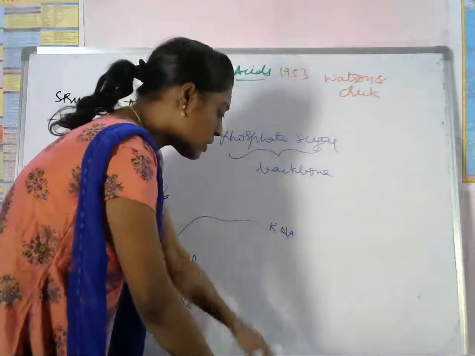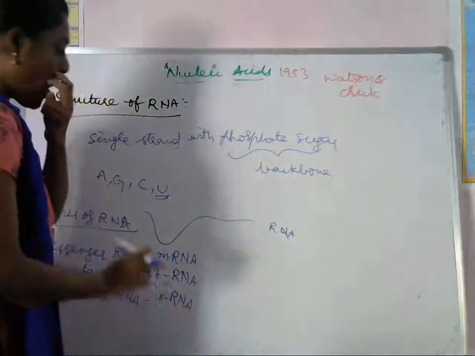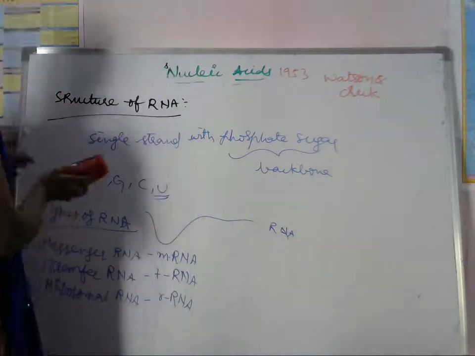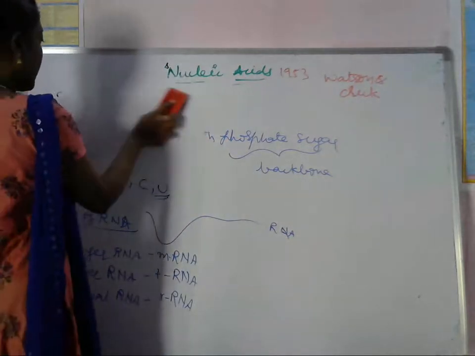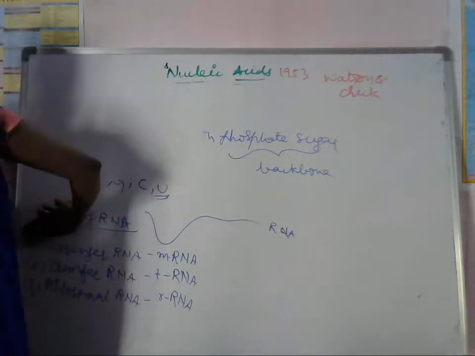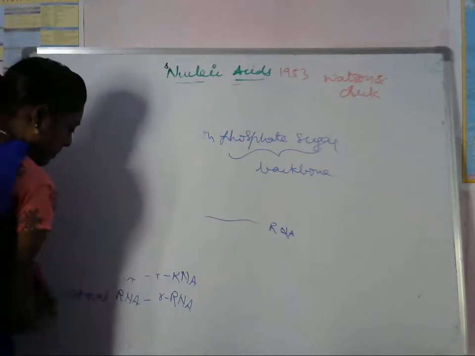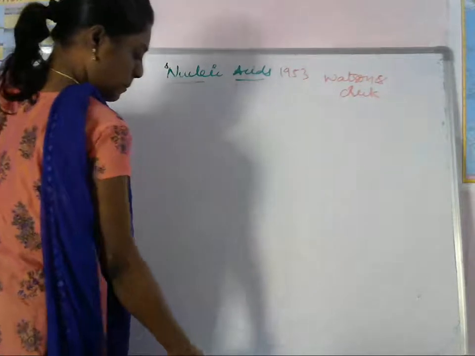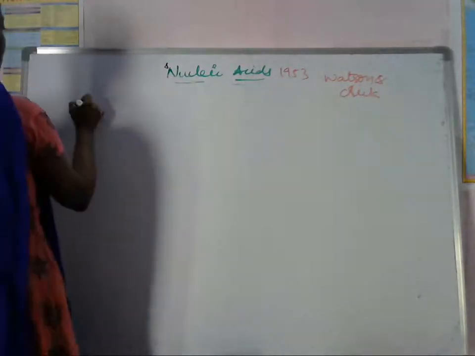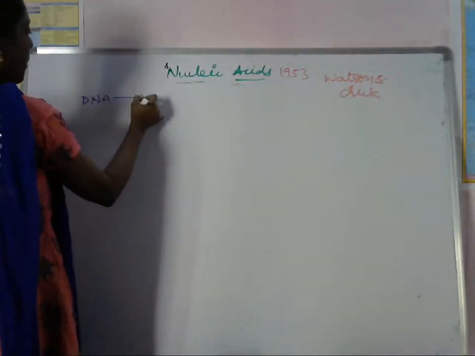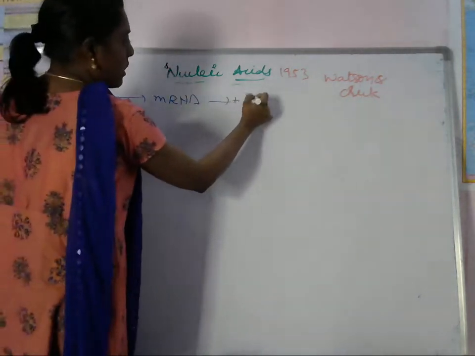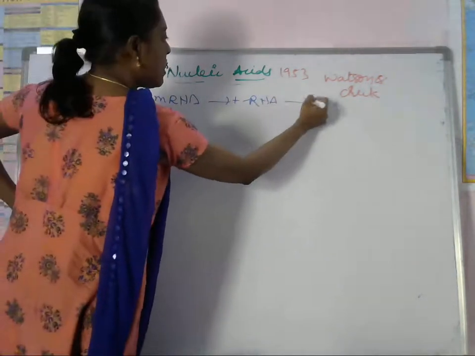Next, let's see how heredity is carried by nucleic acids. From DNA it forms mRNA, and the mRNA leads to tRNA, and next to protein synthesis.